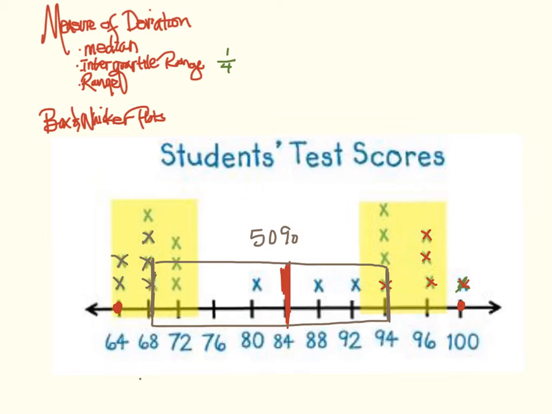The whiskers are simply showing the bottom 25% and the top 25%. Okay? So the simple meaning of this, and all you need to know for right now, is the fact that it's divided up into quarters.